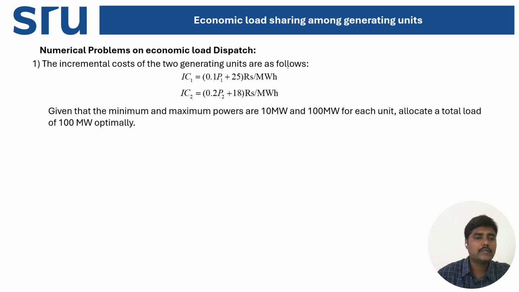Given that the minimum and maximum powers are 10 megawatt and 100 megawatt for each unit, we have to allocate a total load of 100 megawatt optimally across these two units.